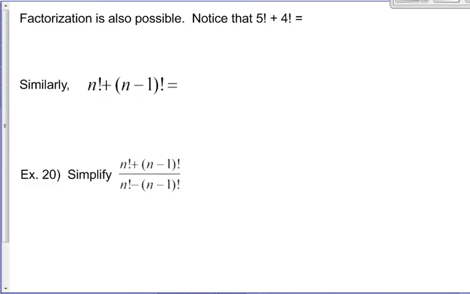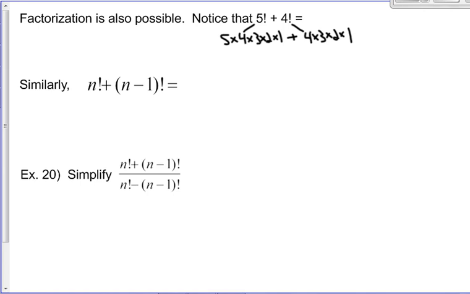One other thing to notice is that factorization is possible. If we have 5 factorial plus 4 factorial, 5 factorial means 5 times 4 times 3 times 2 times 1. 4 factorial means 4 times 3 times 2 times 1. Look at the common factors there: 4, 3, 2, and 1.